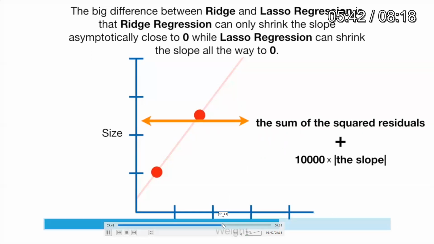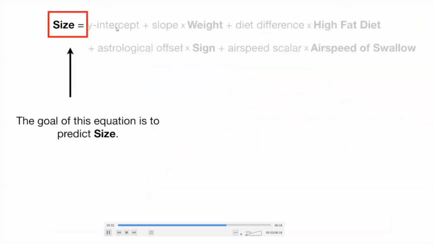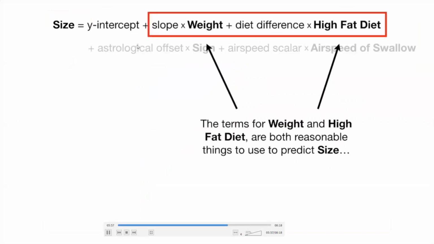Let's say you have four features and they are related, with these parameters: y-intercept, slope, diet difference, astrological offset, and an airspeed scalar. Let's say we have the size of a particular animal, a swallow, which is a sort of bird.